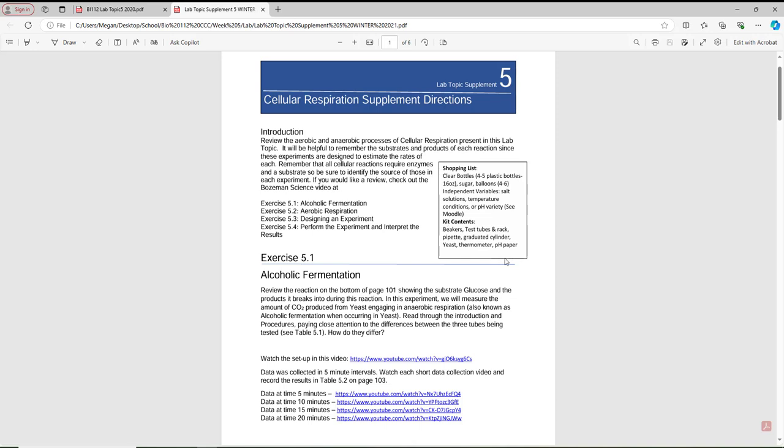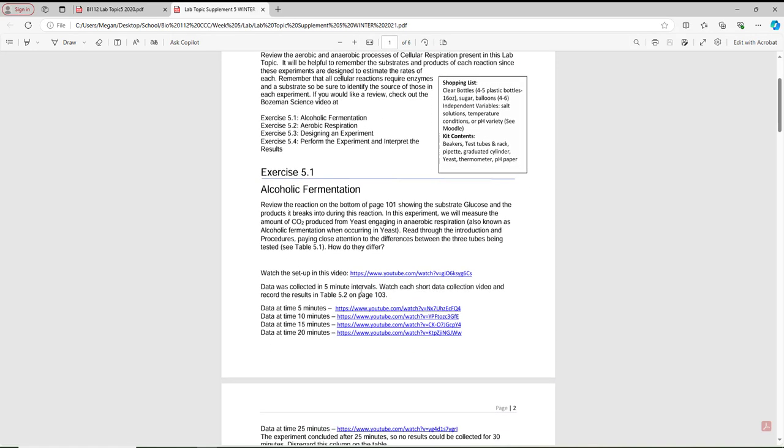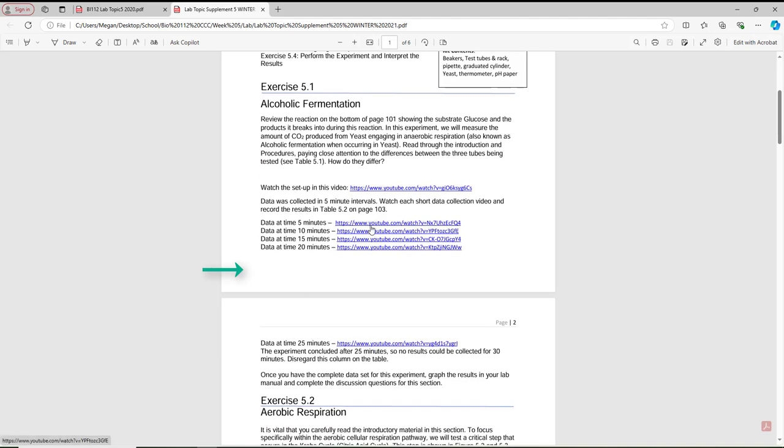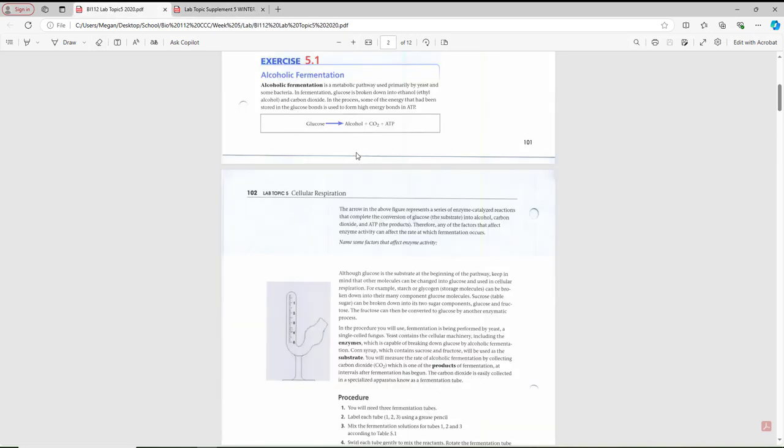Then you'll need some items from your kit. We have a video on how to set up the experiment, and some videos showing what it looks like throughout the experiment, and then how to graph the data and so forth.